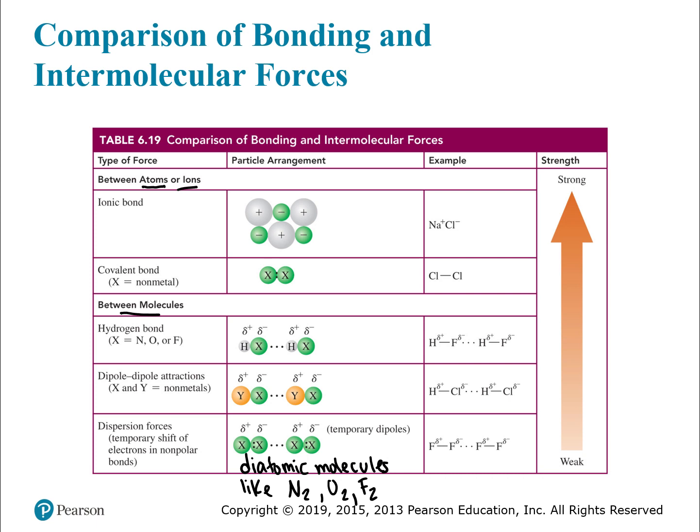Dipole-dipole attractions, we're talking about things where you have still two nonmetals, but they're two different nonmetals. So the example here is hydrogen and chlorine, where you have a partial positive and a partial negative. And that's because of the differences in electronegativity.